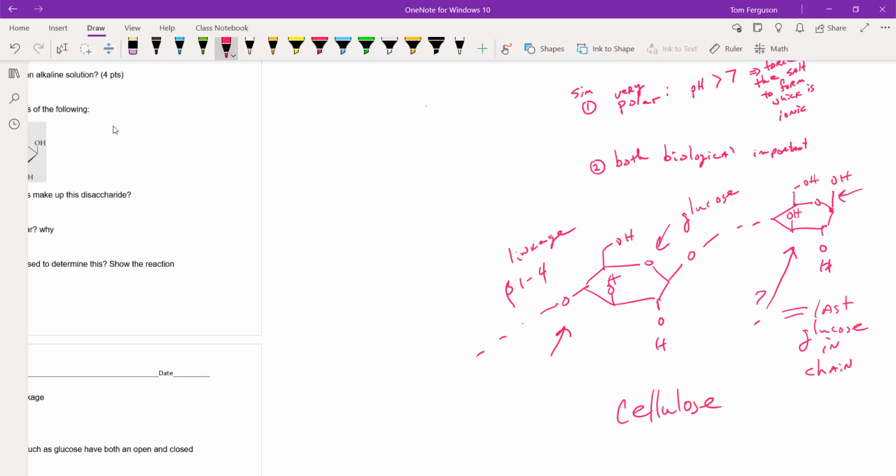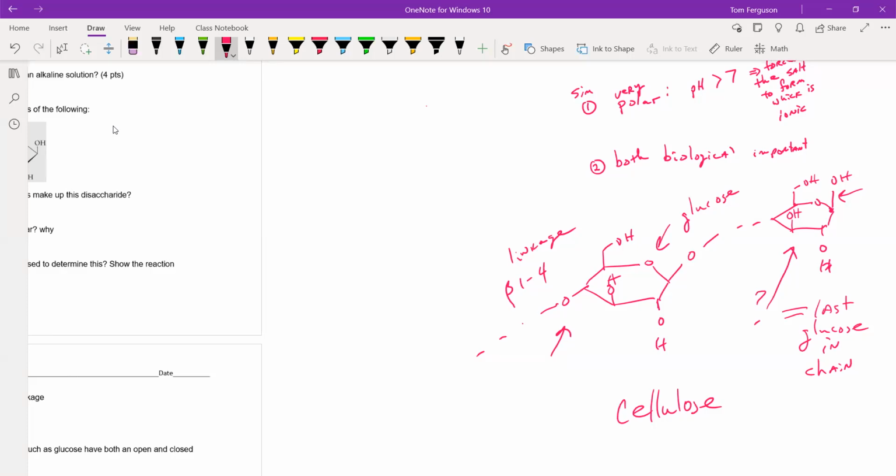So when people say that starch and cellulose are not reducing sugars, they really are reducing sugars, because out of the thousands or so monomers in that chain, the first one is a hemiacetal.